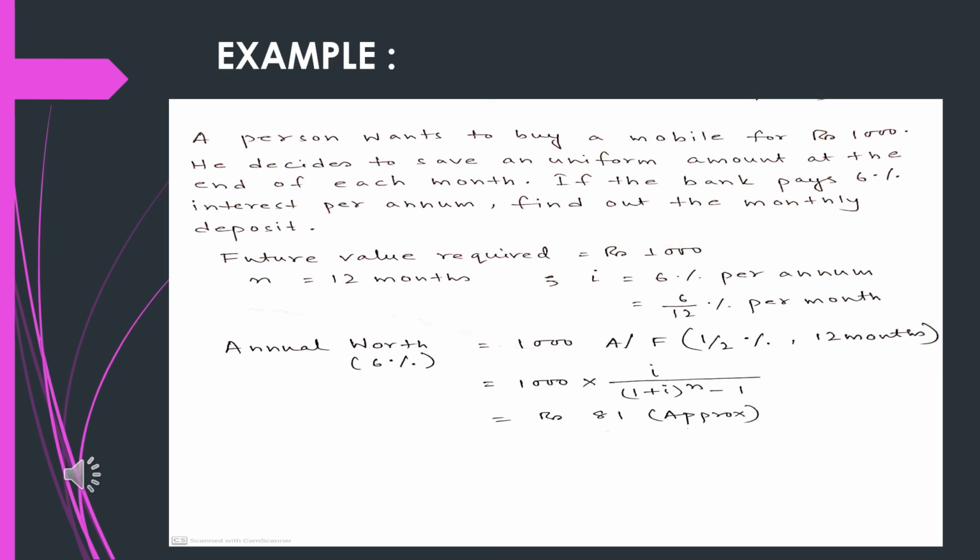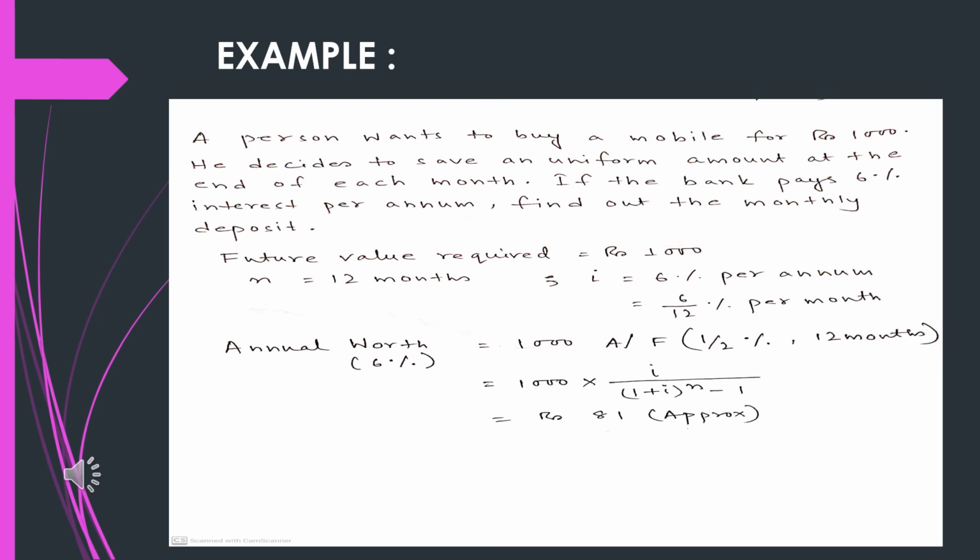And most importantly, the bank is paying the interest per annum. So if the person keeps the money in the bank each month, the 6% can be divided by 12, which transfers the interest rate into 0.5% per month, compounding monthly, not compounding yearly.